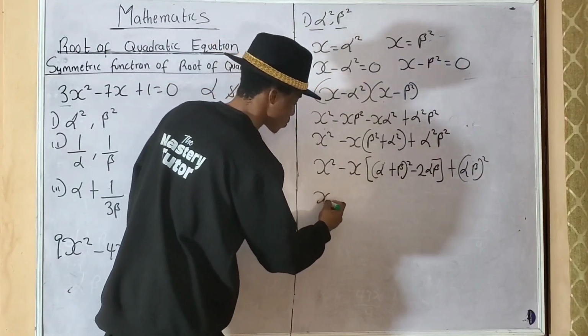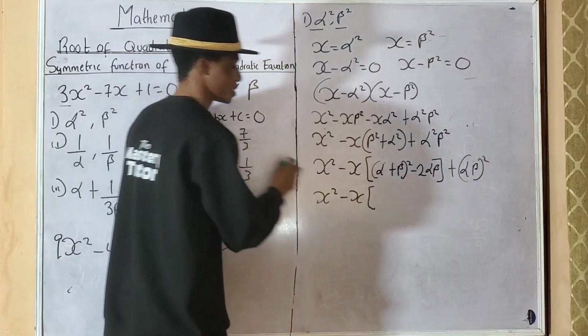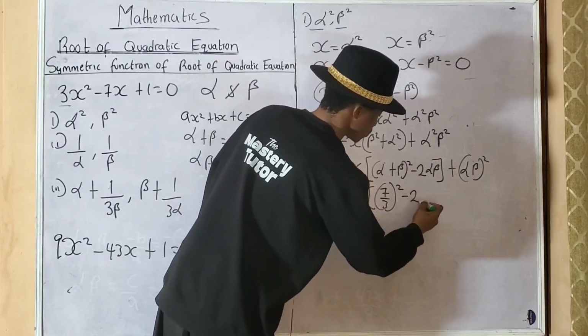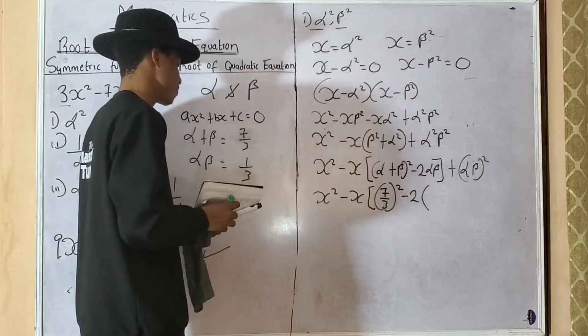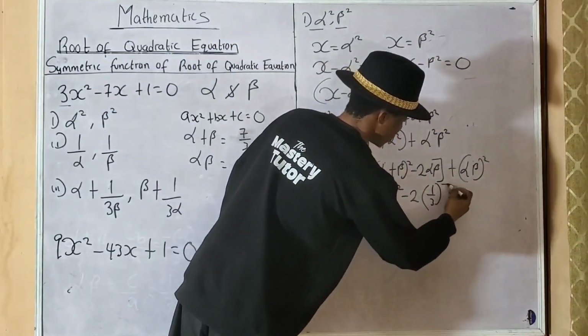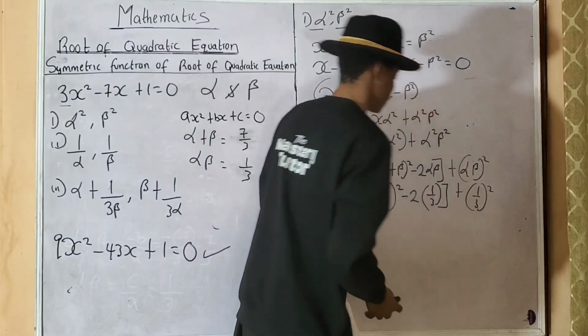So I'm going to have x squared minus x multiplied by 7 over 3 squared minus 2 multiplied by alpha beta. Alpha beta is 1 over 3, so minus 2 multiplied by 1 over 3, close the bracket, plus 1 over 3 squared.